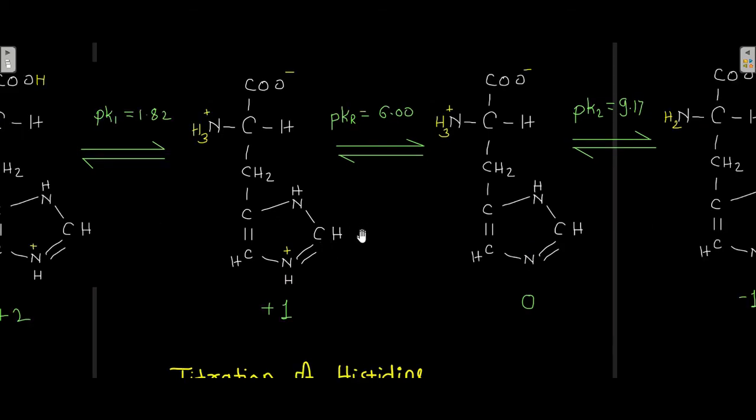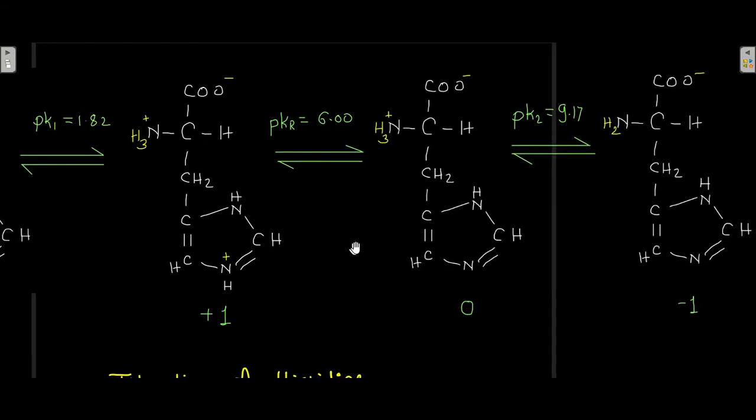Now you will increase the pH by adding the base, and after that the charged imidazole group loses its proton, and now the overall charge on the histidine molecule is 0. Okay, there is no net charge.